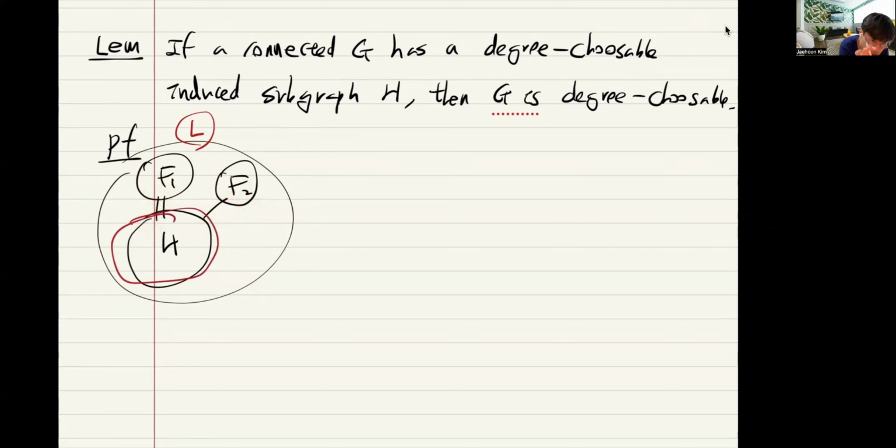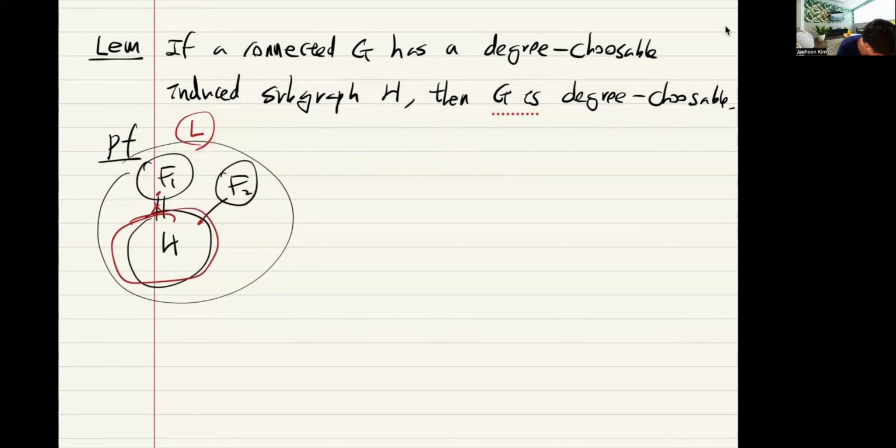You see this inside of H. Now some vertices lost degree, but their list size also decreased, because red is no longer available here, blue is no longer available here. So after deleting the colors from the lists and lowering the degree, the condition that the size of L of v is at least the degree of v in H is satisfied. And H is degree choosable, so you can finish the coloring.